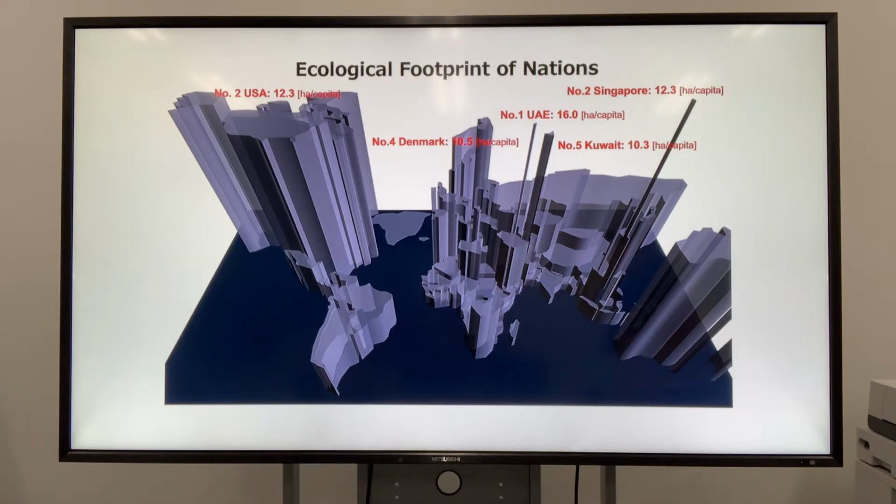From this diagram, you can understand that in the previous one, we are already exceeding the biocapacity of 1.9, using 2.8. But if you look nation by nation, there are some nations that are really using a lot of hectares of land.